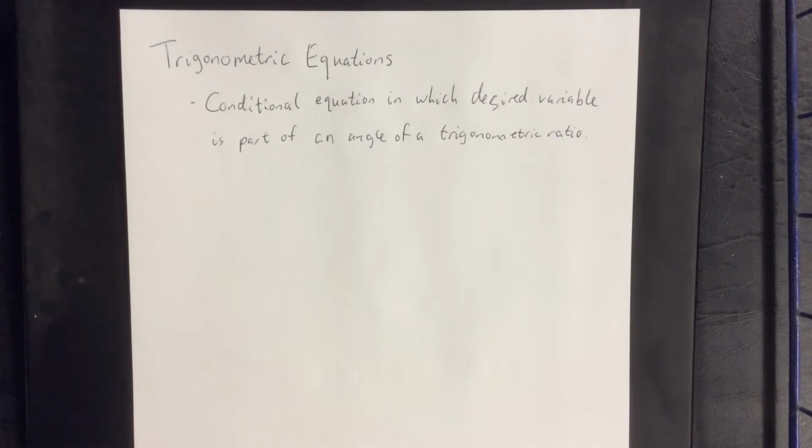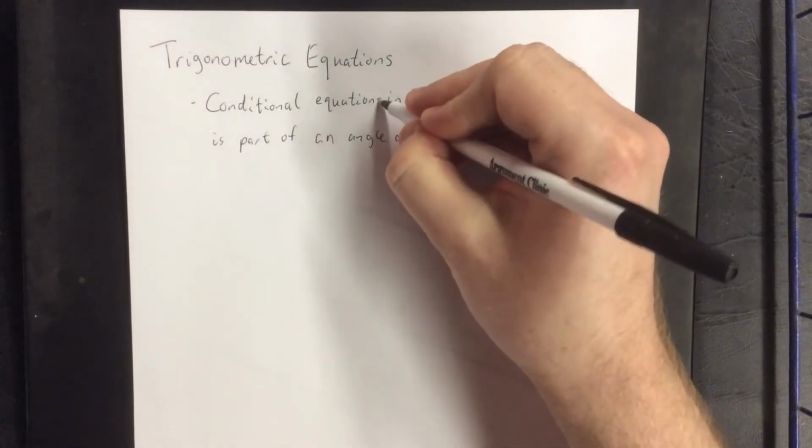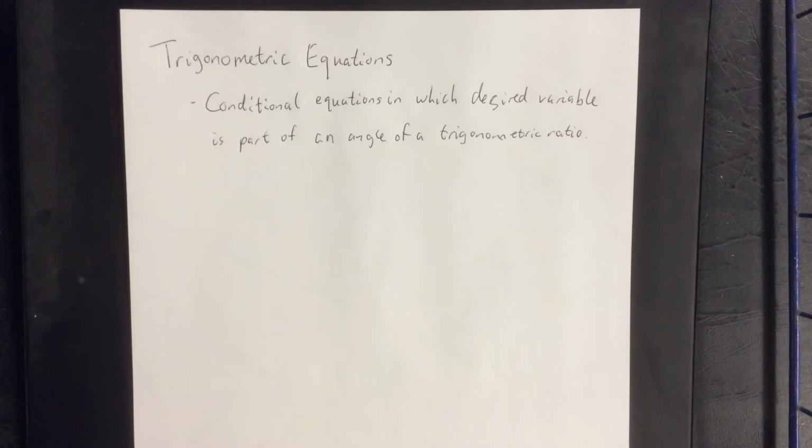So trigonometric equations are conditional equations in which the desired variable is part of an angle of a trigonometric ratio.